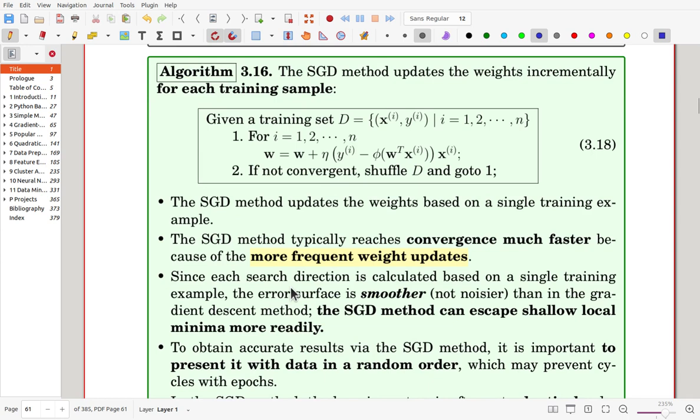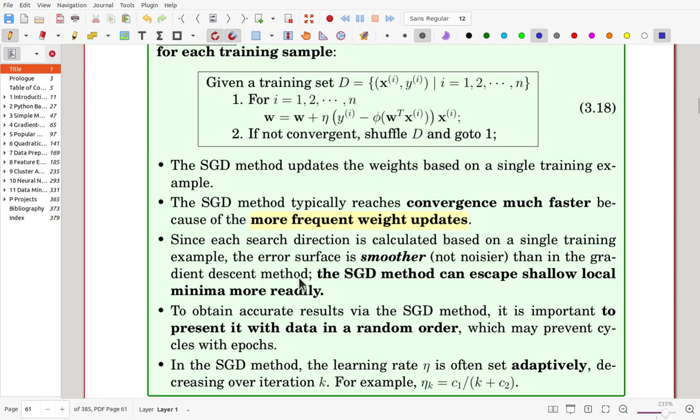Here are the properties of the stochastic gradient descent method. SGD updates the weight based on a single training example. The method typically reaches convergence much faster because of more frequent weight updates.